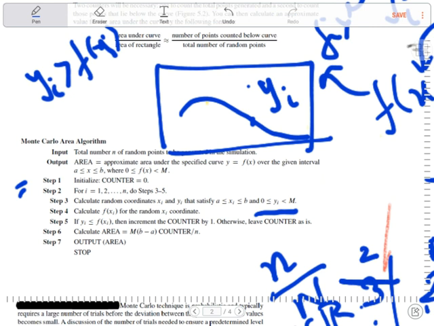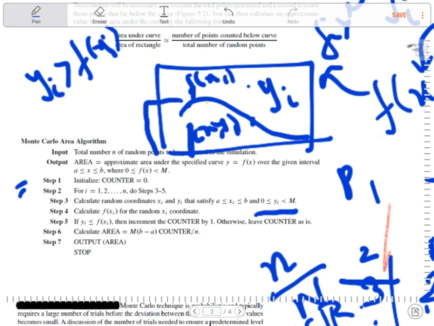When will it count? Suppose I have chosen one point, say p1, such that (x1, y1) lies inside here. y1 is this much length, and f of x1 is this much length. So here y1 is less than f of x1. That means the point is lying below the curve, so this point is contributing towards the area calculation, and it will be considered in the counter.